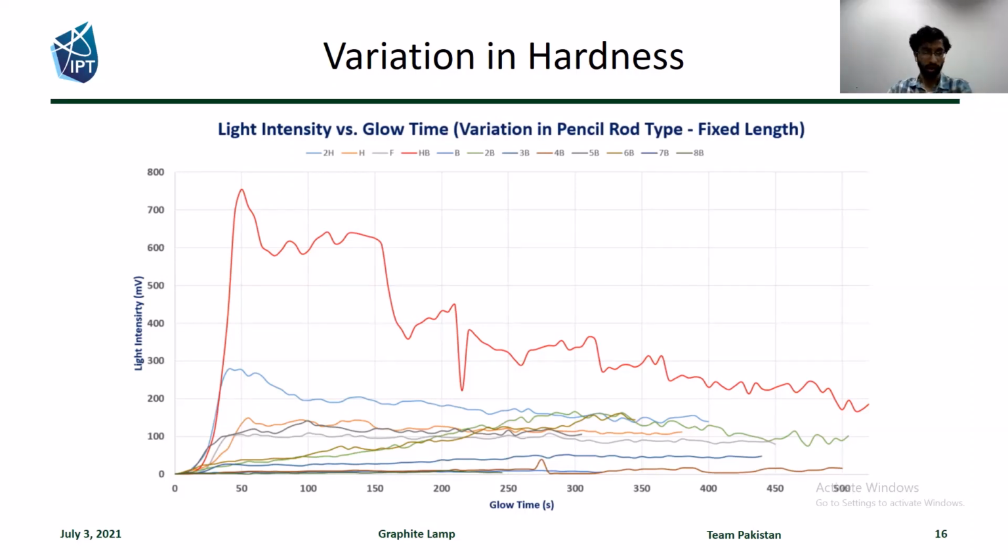No. Okay, let me explain my experimental process, I guess that will clarify things. The basic thing is that for performing experiments, we always have to keep a single parameter constant. So if I pick up a particular pencil rod and perform experiments, I change the current while keeping the voltage constant, and that resulted in a transient time and a steady time.